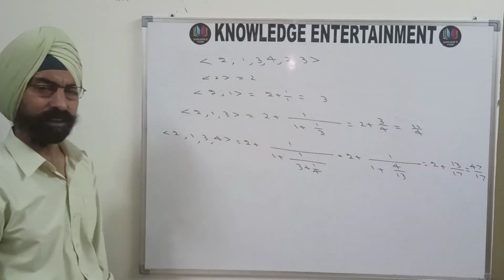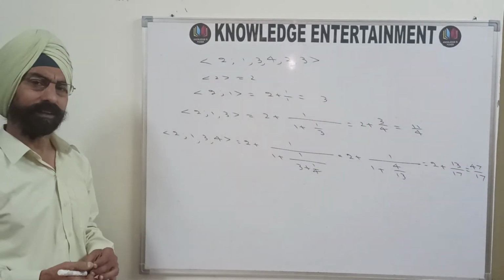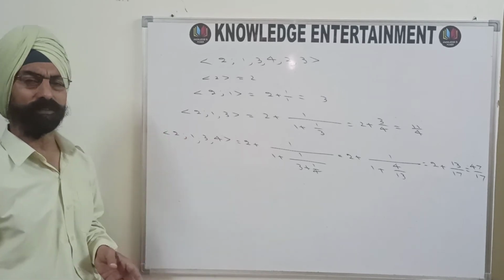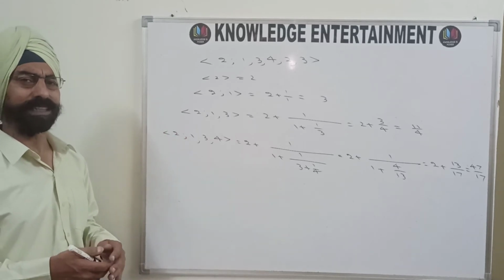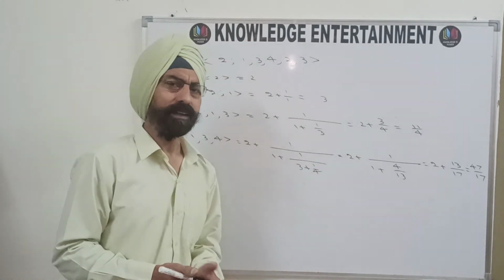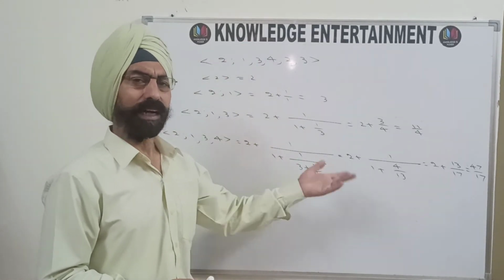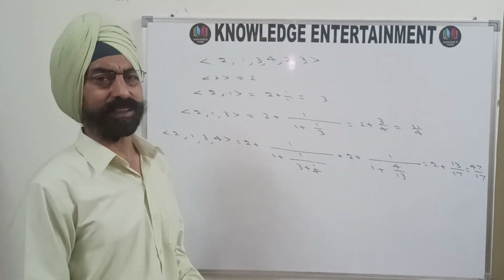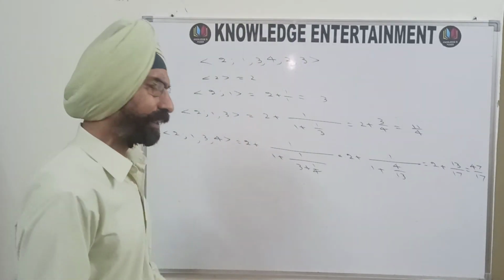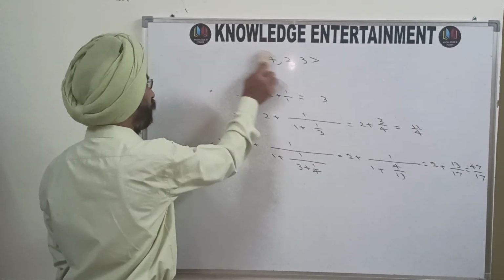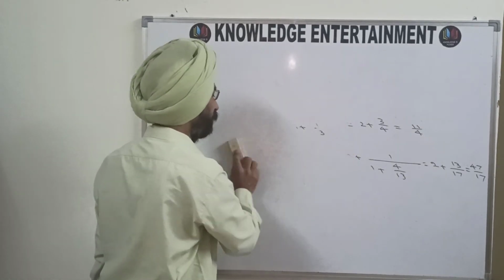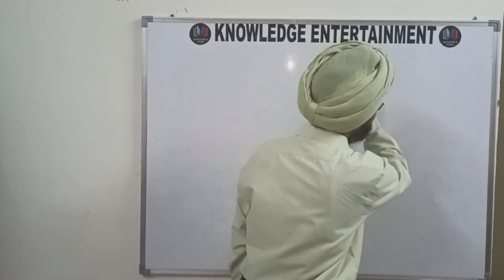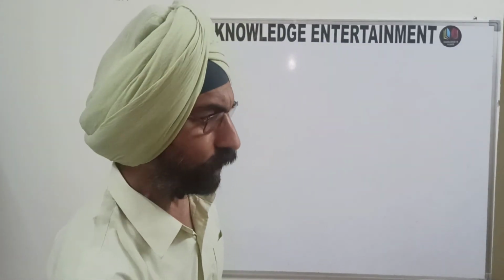This is the third convergent, and so on. You can find the fourth convergent, the fifth convergent, wherever it is possible. Up to whichever stage it is possible, you can find the ith convergent. So these are the ith convergents of a simple finite continued fraction. This was just a definition. So I have defined the ith convergents for simple finite continued fractions.